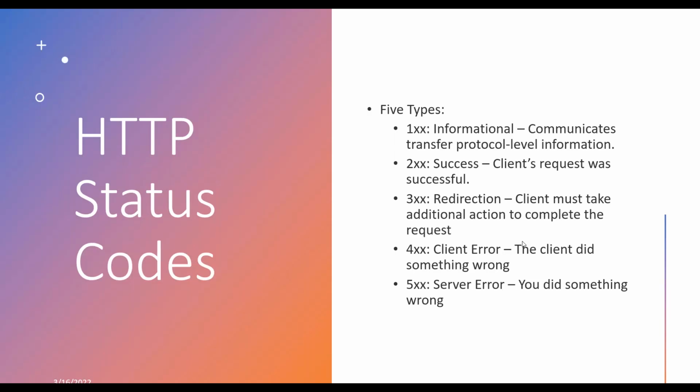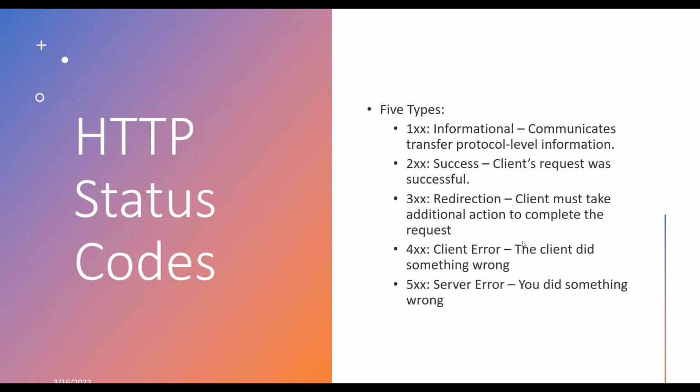With respect to what we're going to look at today, we're going to implement some status codes that come back from our API based on whether or not someone is authorized. And in the broader scheme of things, there's a whole bunch of different status codes out there for HTTP. And there are 5 types. There's your 100 series, which are informational, just information at the transfer protocol level. 200 indicates a success on the request. There are different types of 200 successes.